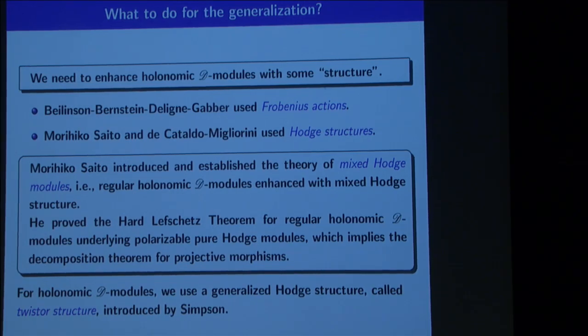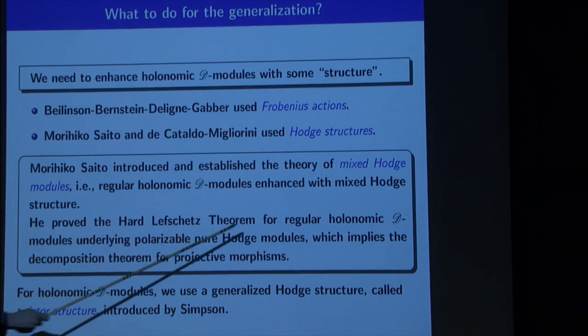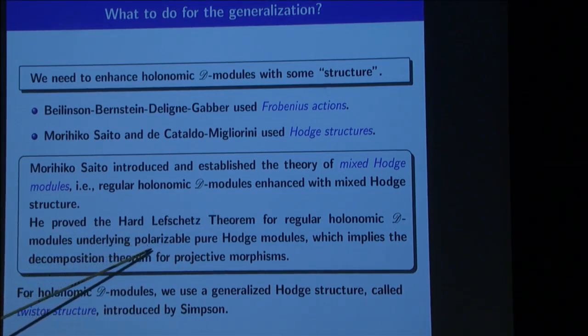In particular, he proved the functoriality and the hard Lefschetz theorem for polarizable pure Hodge modules with respect to the pushforward by projective morphisms, which implies the hard Lefschetz theorem for regular holonomic D-modules underlying polarizable pure Hodge modules, which implies the decomposition theorem for projective morphisms for this type of regular holonomic D-modules. So this is a model for me.